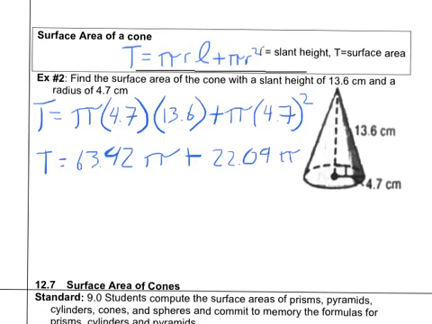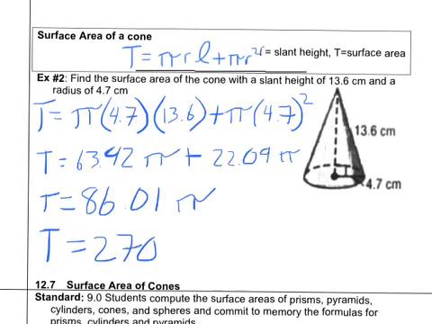Then I could do 22.09 plus 63.92, and I would get 86.01 pi. And then finally I could just multiply that by pi, and I would get about 270. And that would be centimeters squared.